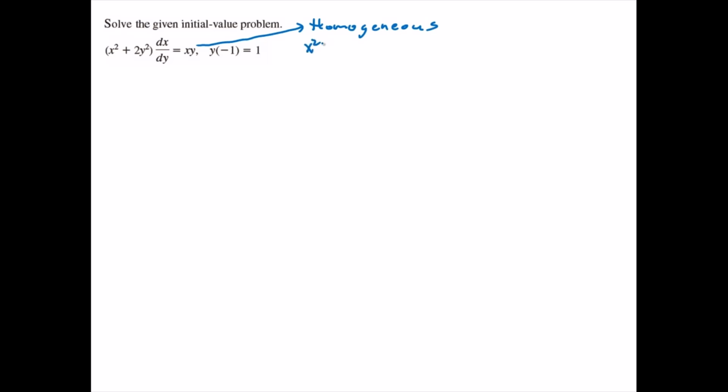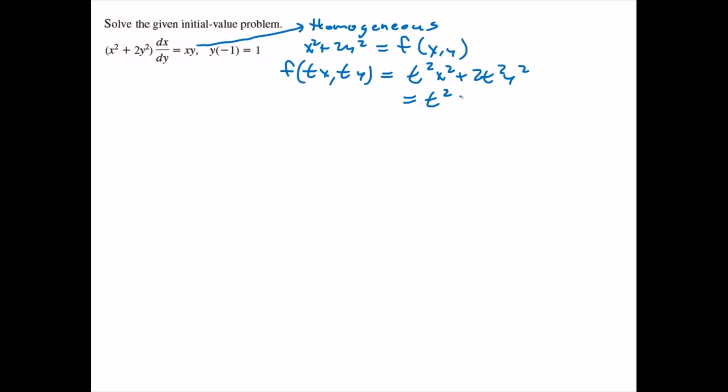So x squared plus 2y squared, if we consider that some function f of x comma y, if we find f of tx comma ty, that will be t squared x squared plus 2t squared y squared, and that will be t squared times the quantity x squared plus 2y squared, which is equal to t squared times f of x comma y.